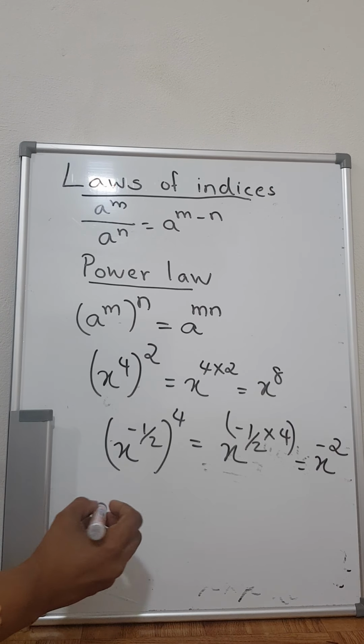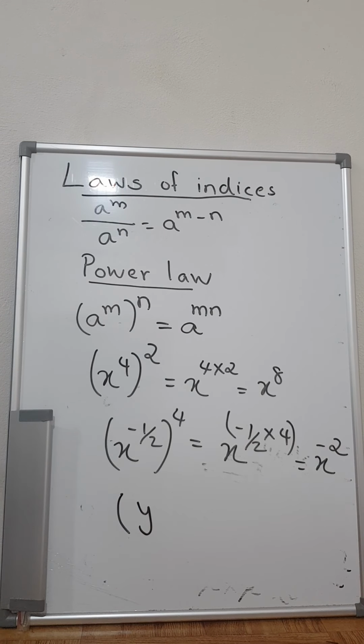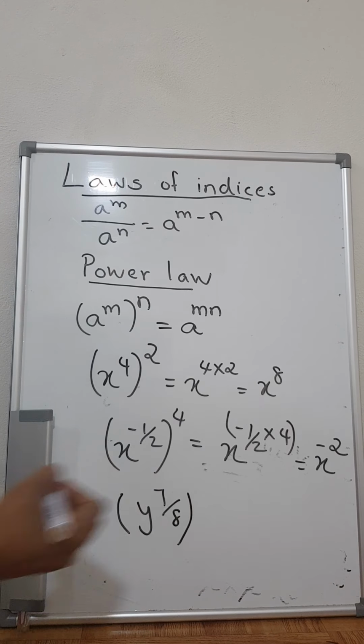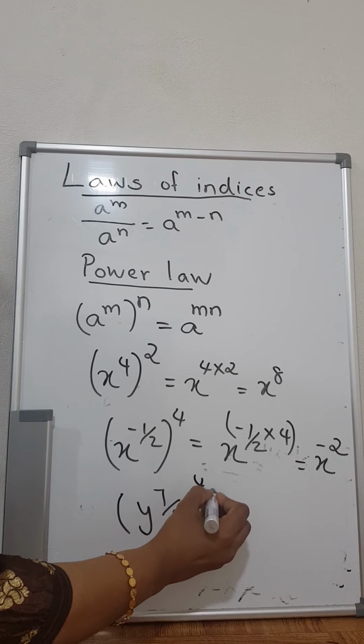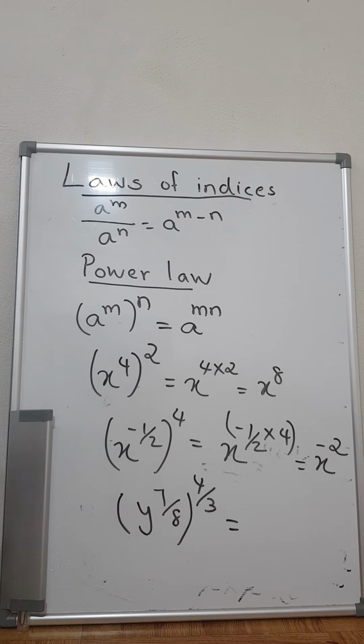Now we'll see more examples. y to the power 7/8 all to the power 4/3. So now you have got the answer, right? Let's just check whether your answer is correct.